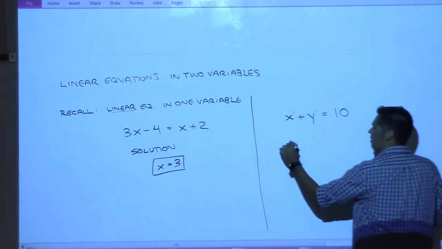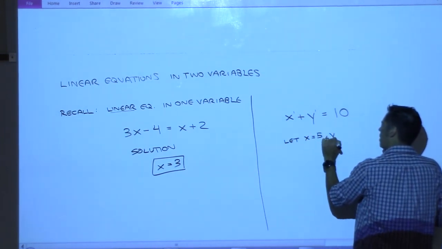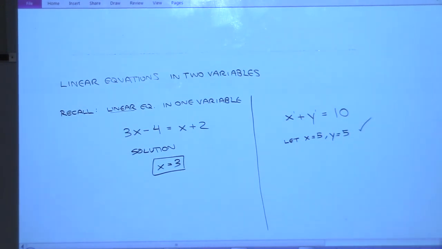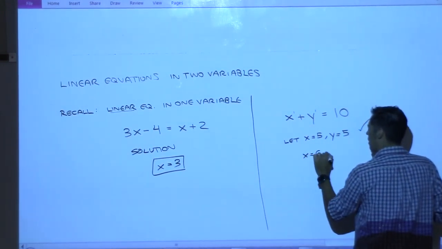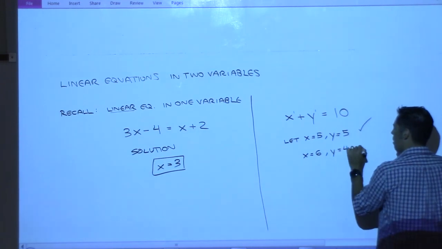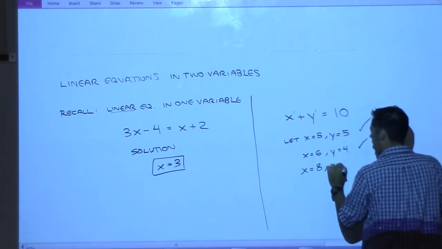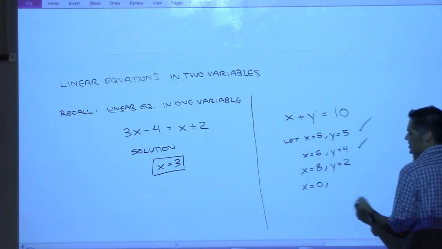So if I let x be 5 and I let y be 5, then this is true, right? Okay. That's not the only answer. 6 and 4. Okay, if I let x be 6 and y be 4, that would work. I heard 8 and 2. Right? How about 0? 0 and 10 would work.